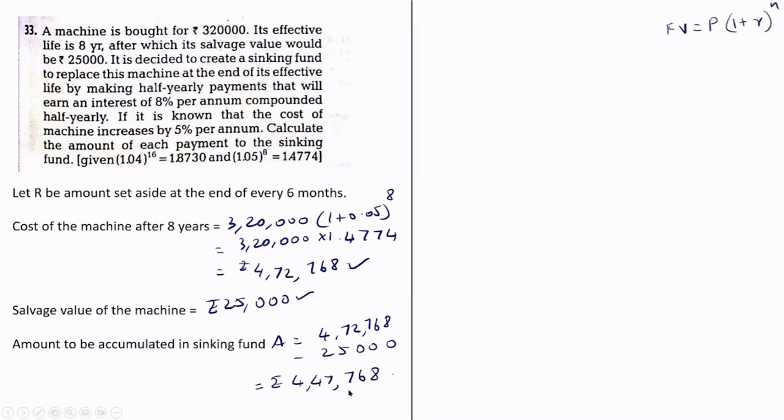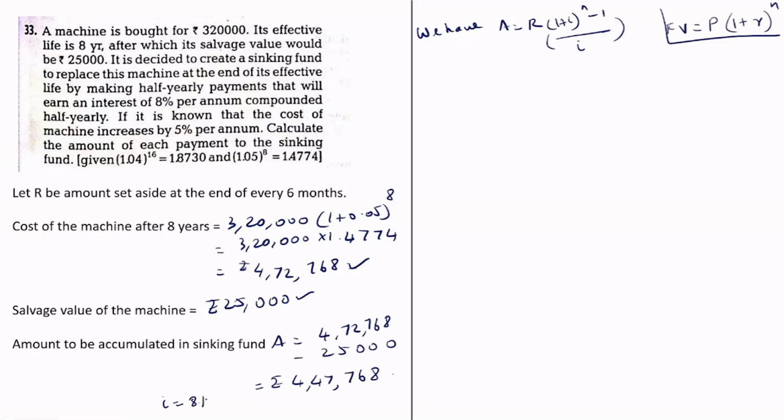Now we have the sinking fund formula. We have taken R to be the amount set aside at the end of every 6 months. So we have A equal to R into ((1 plus i) the whole raised to n minus 1) upon i. Here the sinking fund earns an interest of 8% per annum compounded half yearly.